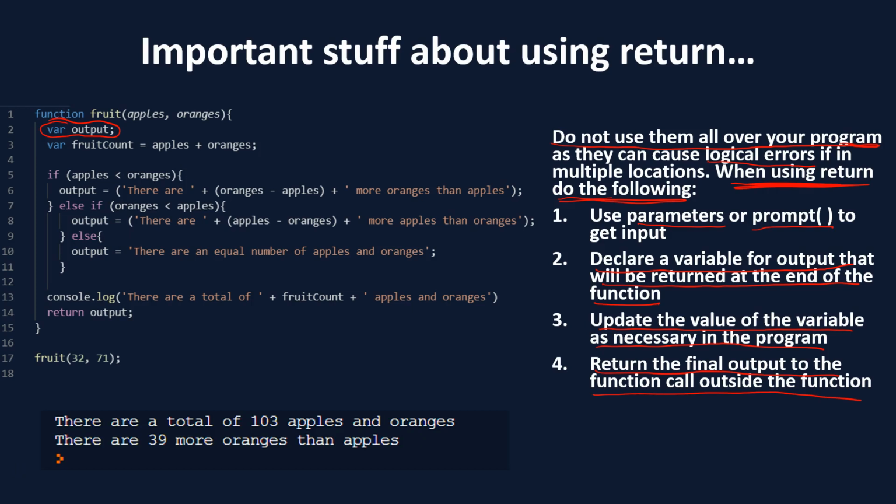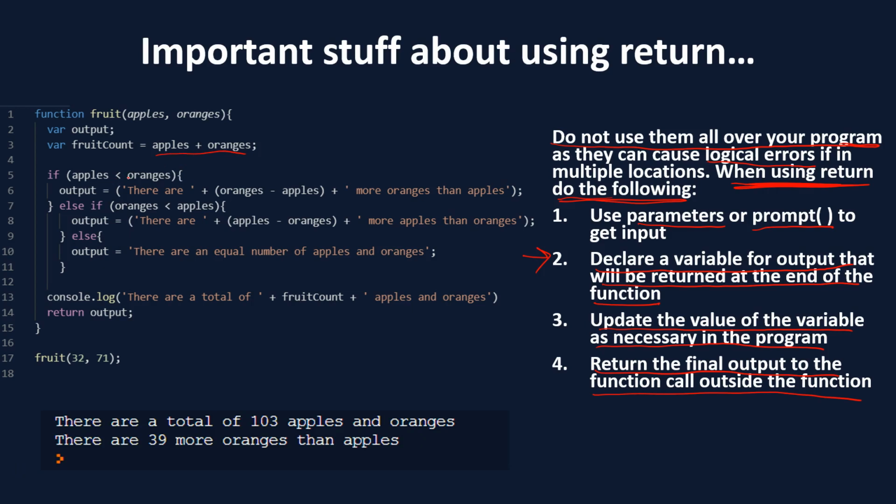So there's my variable that eventually is going to be returned outside of the function. That would be number 2, declare a variable for output that will be returned at the end of the function. And then I have another variable here for fruit count. This is just apples plus oranges.